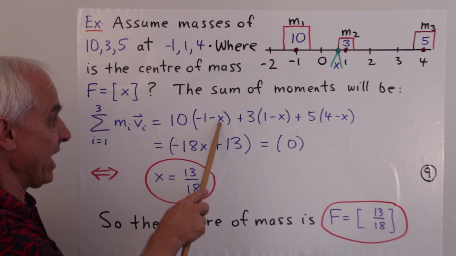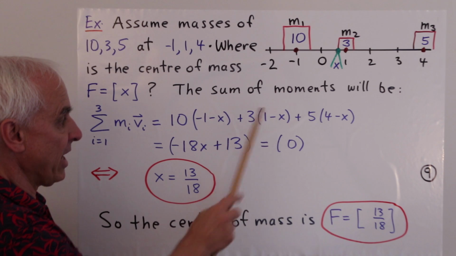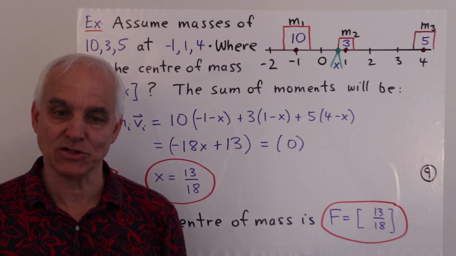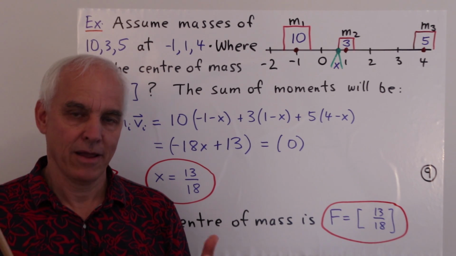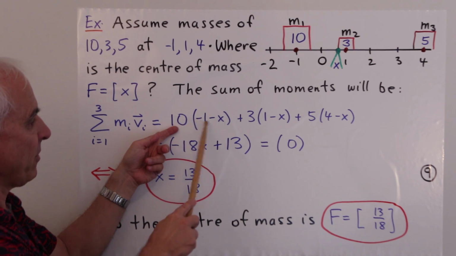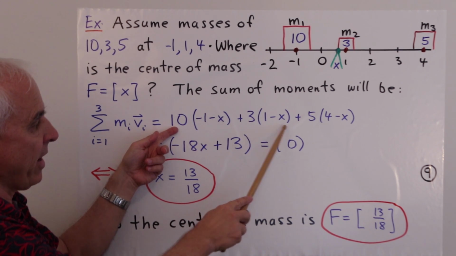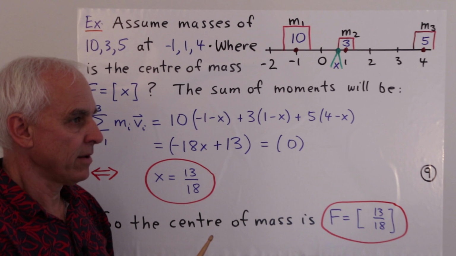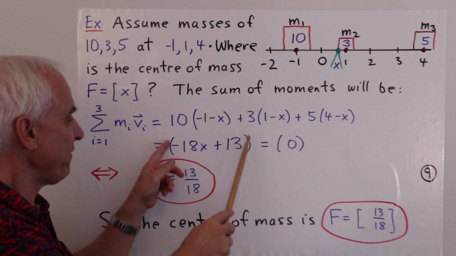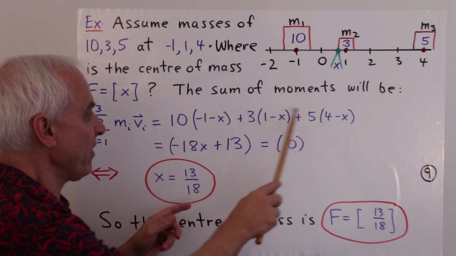We're going to have minus 10 x's here, minus 3 x's there, minus 5 x's there, a total of minus 18 x's altogether. And what else are we going to have? We're going to have a minus 10, from there a plus 3, and a plus 20. That's a total of plus 13. So that's the vector, that's the sum of the moments.